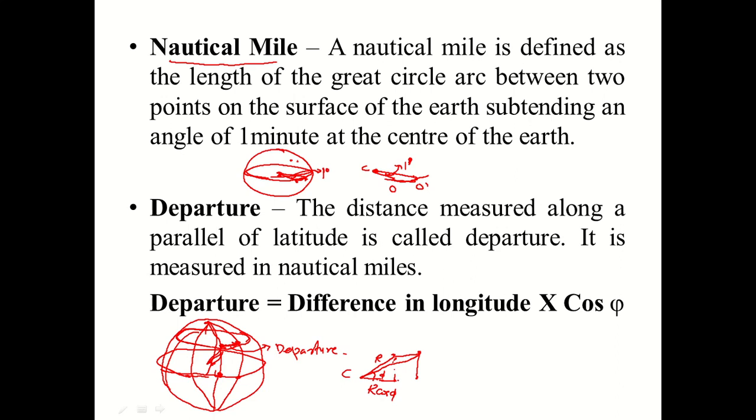So this distance and this distance are the same, but here the distance is r cos phi, whereas here it is r. We are dropping a perpendicular from these 2 points, which is definitely inside the surface of earth, so this distance is less than the radius of earth, which is r cos phi.